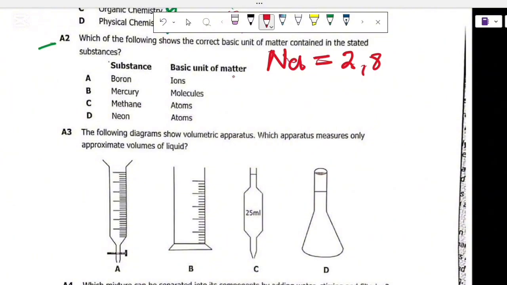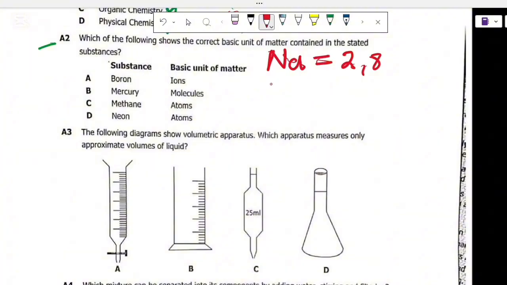But there's an important point which I want you to understand. When you look at the number of protons in the nucleus of this sodium atom, remember that initially the number of protons should be equal to the number of electrons.